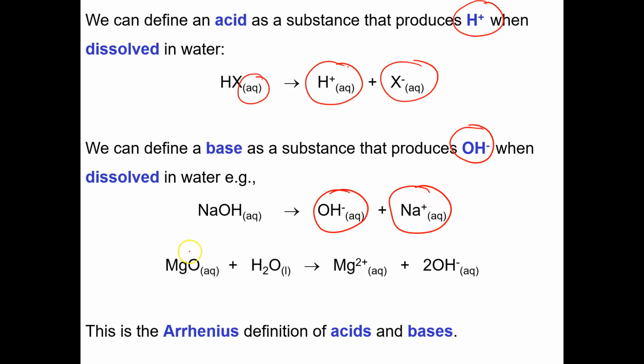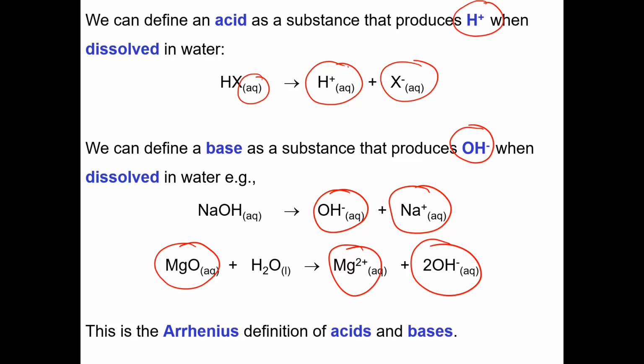Some species, such as metal oxides that are soluble, will react with water and form hydroxide ions in that fashion. So when magnesium oxide is added to water, it will form magnesium ions, but also hydroxide ions, and so that makes magnesium oxide a base.